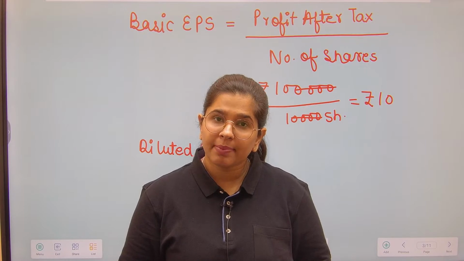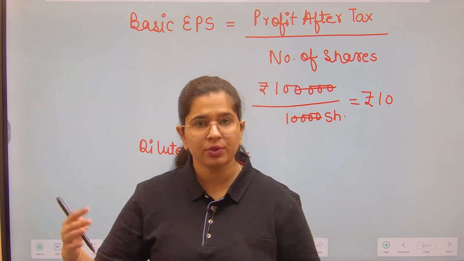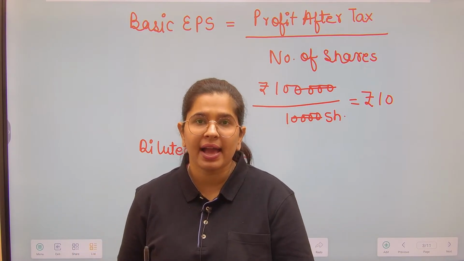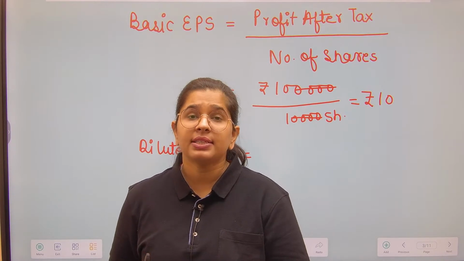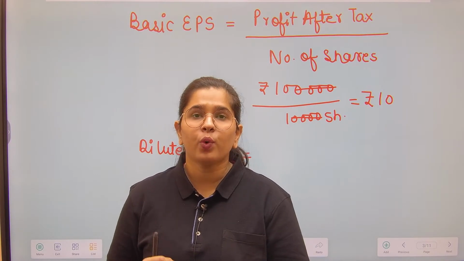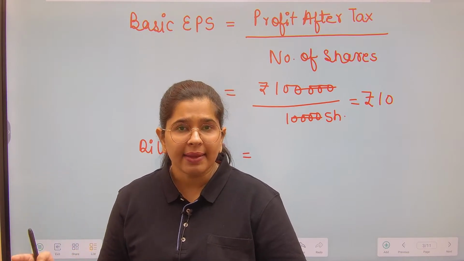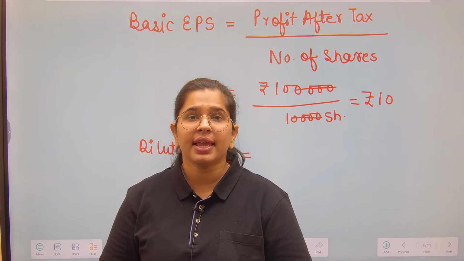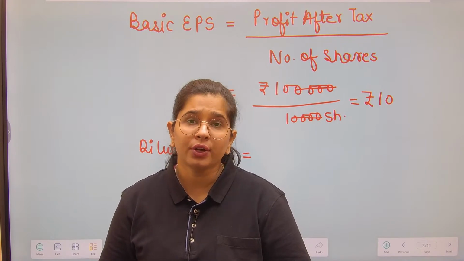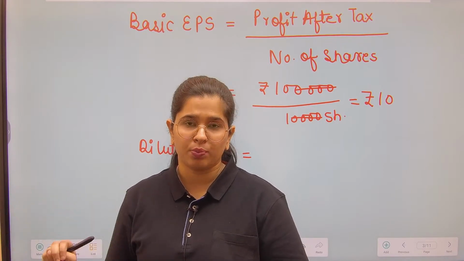What are convertible debentures? Suppose I have said to someone that please give me 10 lakh rupees right now as debentures. That means I am going to pay you interest over the years. And at the time of maturity, that means at the end of 10 years, you have got two options.